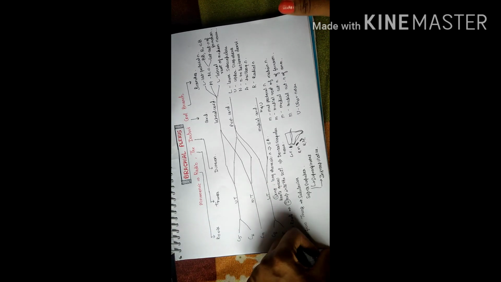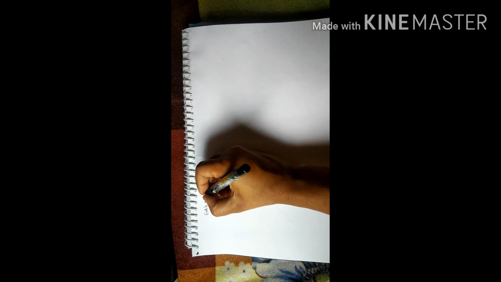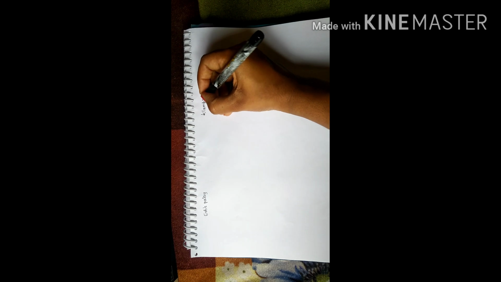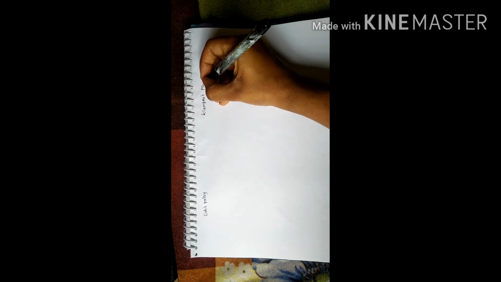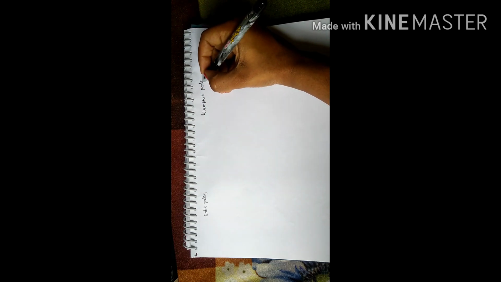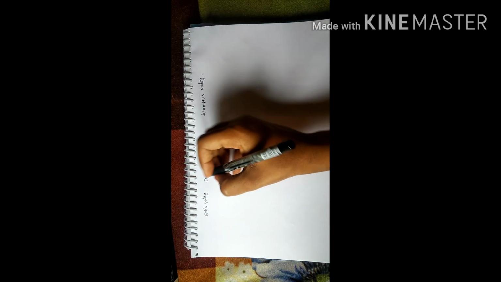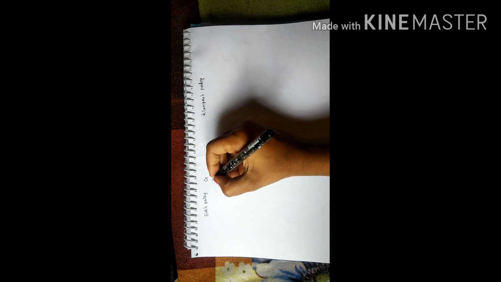And now we'll learn the lesions associated with the brachial plexus: Erb's paralysis or Erb's palsy and Klumpke's paralysis. For Erb's paralysis, you should remember which is the point which when affected results in Erb's paralysis.